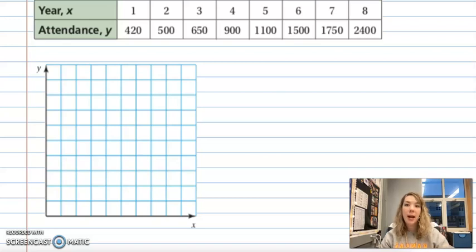So this time we have year and attendance, okay? So it looks like we're just going 1 through 8, and remember we have 10 grid lines in the background here, so let's count by ones again. I'm going to label my x-axis year. So we'll do 1, 2, 3, all the way across, 9, 10. And then let's look at attendance.